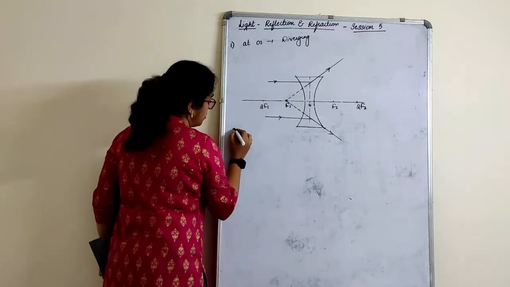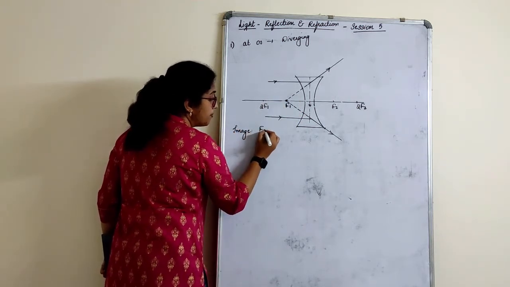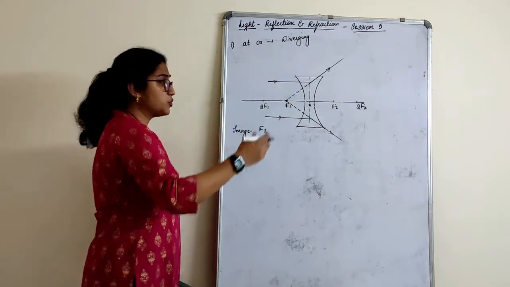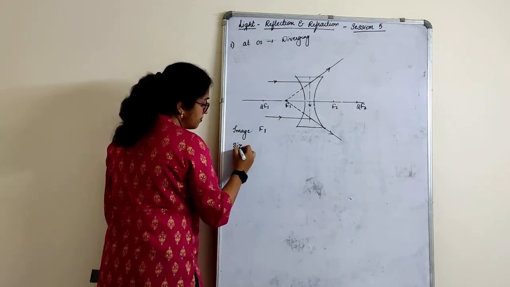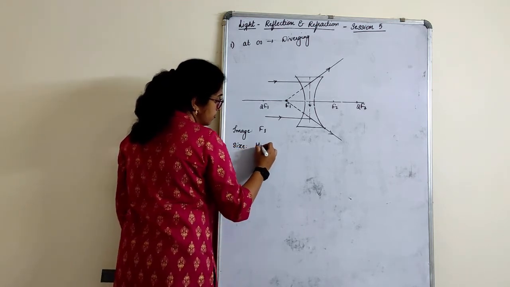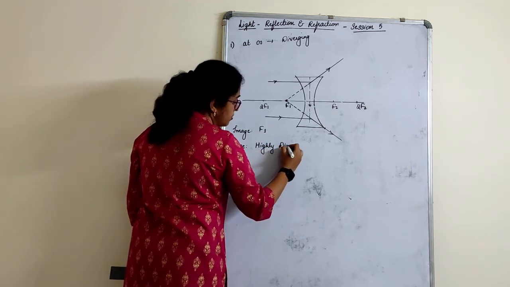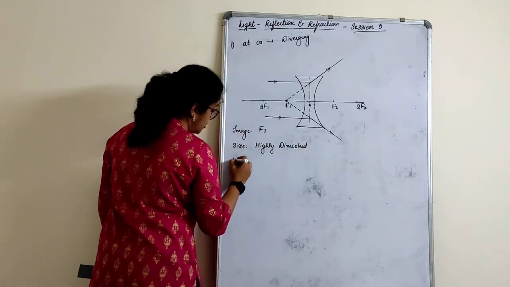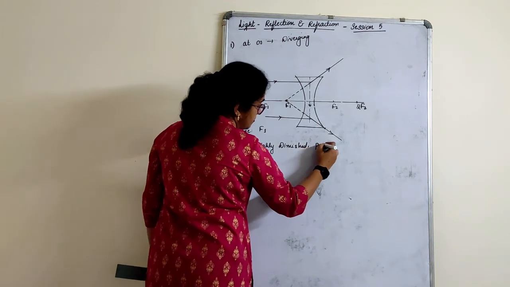So, where is the image formed? Image is formed at F1. Understood, write it F1 because F2 is this side. Then, size: highly diminished, point size.